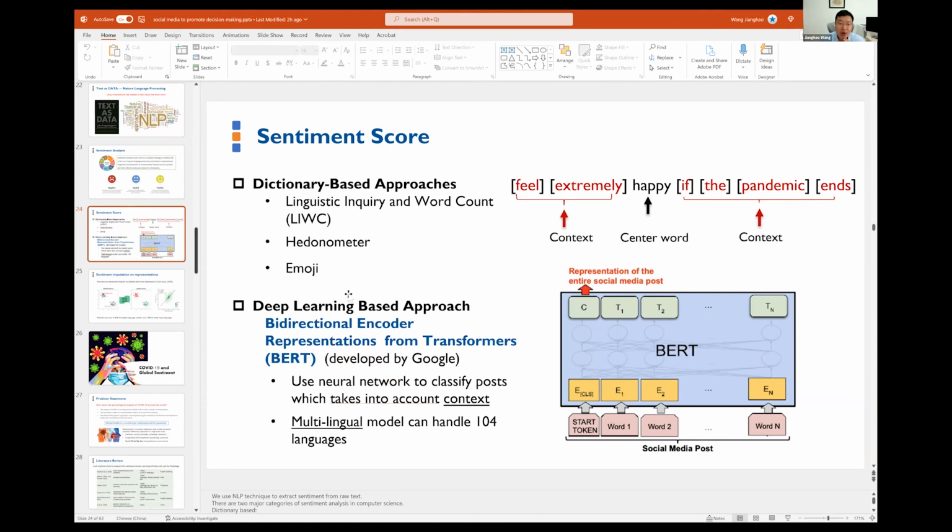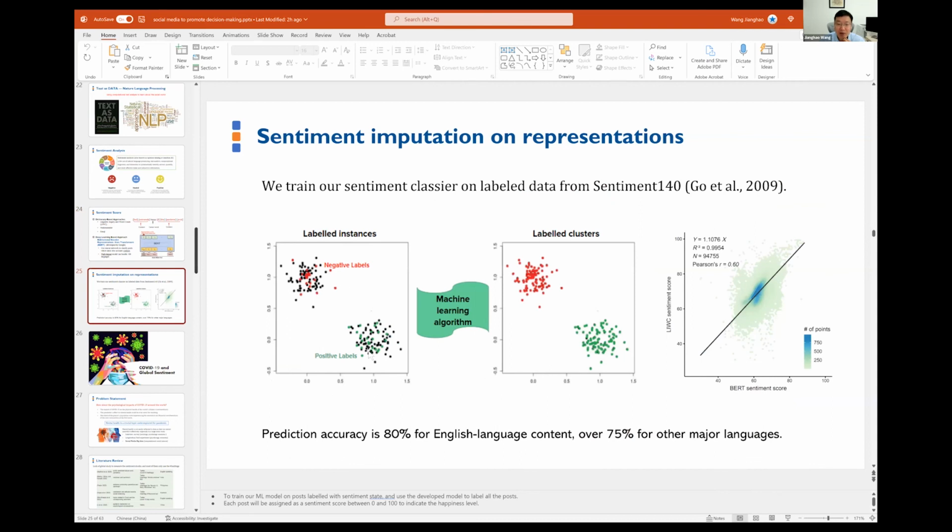Then we use their training results to label our posts and determine their sentiment scores using some very simple classification method.